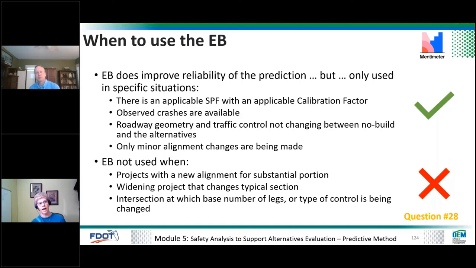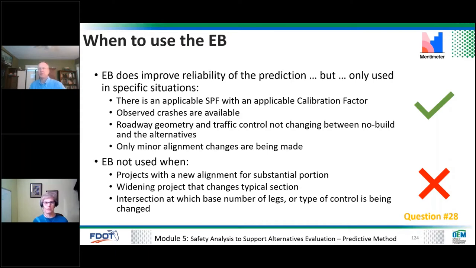You can use observed crashes from the existing facility to develop that blending and get more rigorous expected crashes. So you can use it when you have a safety performance function and a calibration factor. You have observed crashes, and the roadway geometry and traffic control are not changing very much between the no build and the alternatives. So we'll talk about that more.